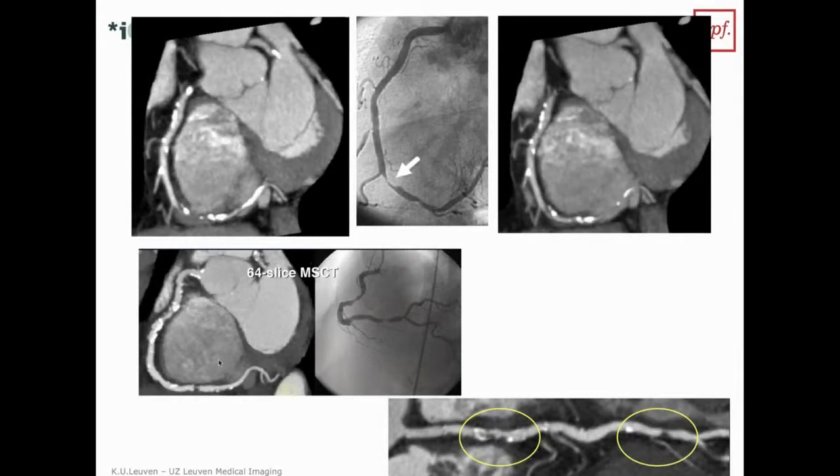But you can nicely see how you can really quantify them with CT, especially these proximal lesions, with the big advantage that you do not have to use catheterization. And catheterization, keep in mind, if you bring a catheter into the arterial circulation, especially close to the heart, to put anything in the arterial circulation is always a high risk.